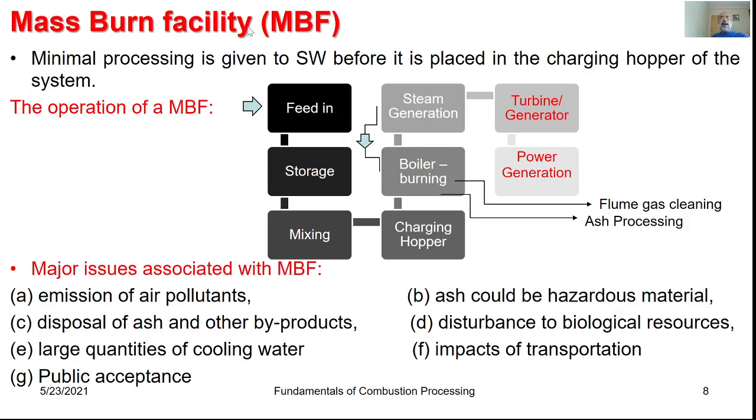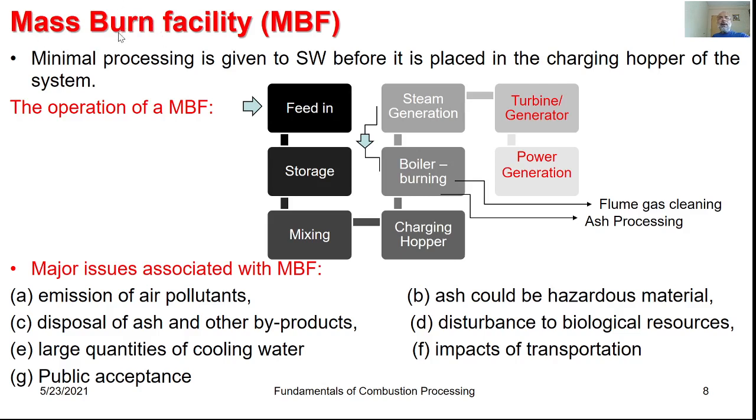In this mass burn facility, minimal processing is given to the solid waste before it is placed in the charging hopper of the system. We are studying this kind of facility in principle. It does not mean that this is suitable for the places where the waste does not have the essential parameters the way we discussed on previous slides.